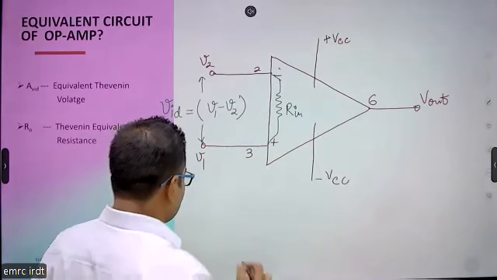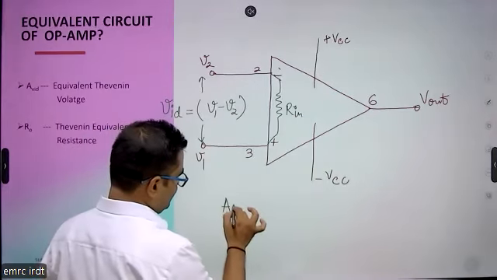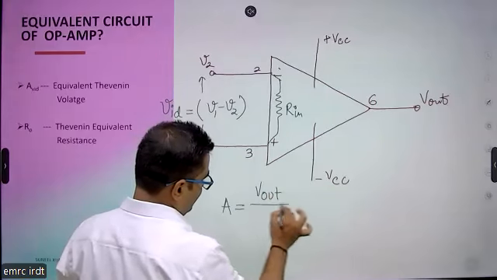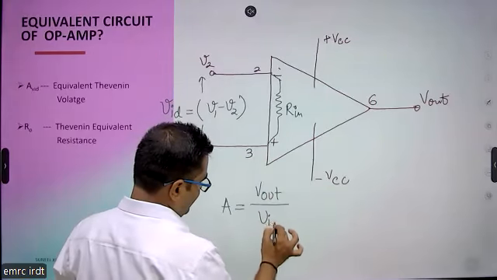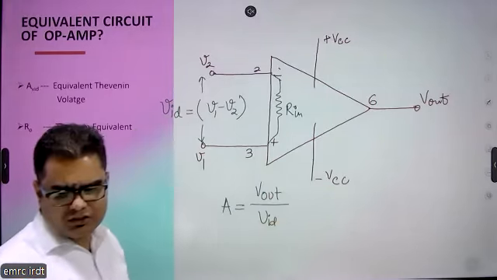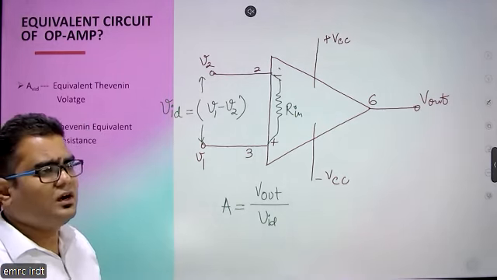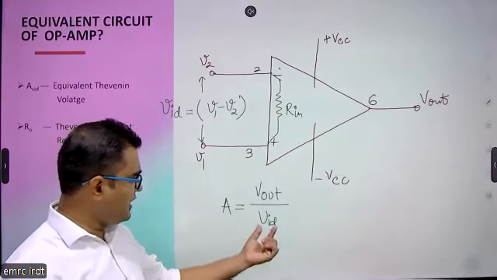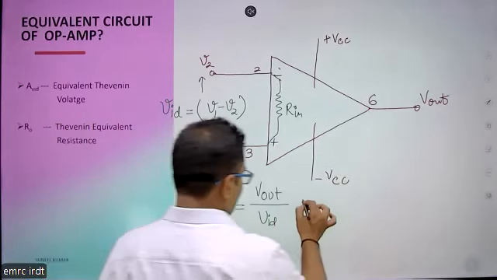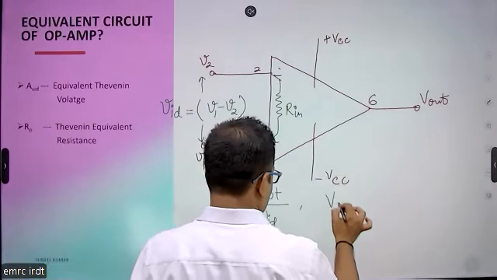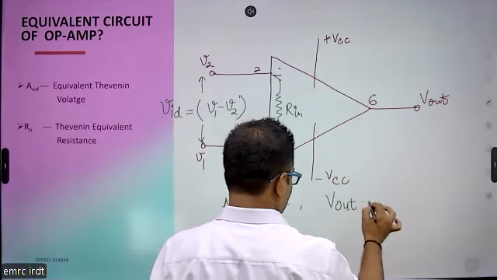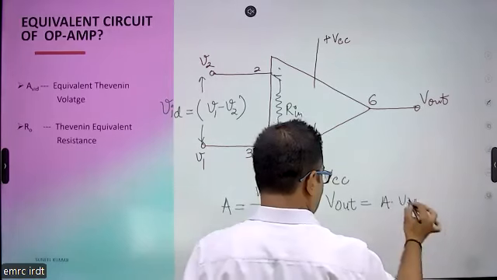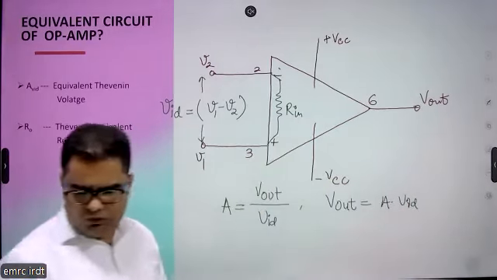Here we know that gain is output divided by input, and here we have VID because the operational amplifier always amplifies the difference of the input signals. So this implies V output equals A into VID.